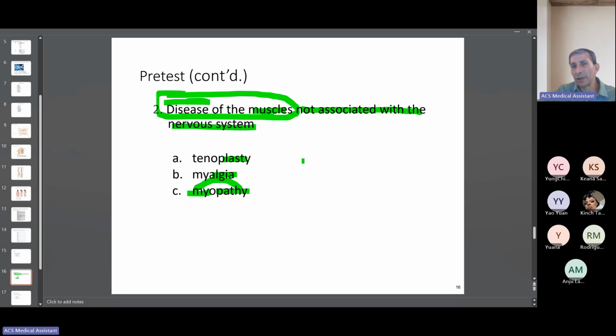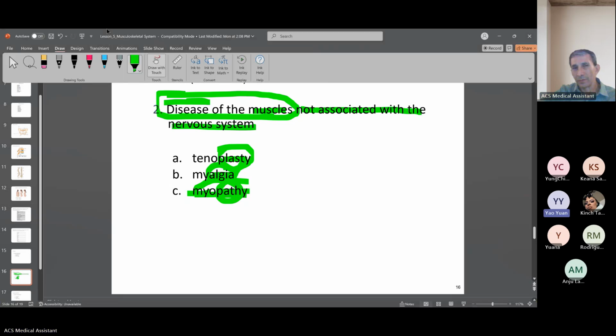That's the only thing that I care about. Disease, pathy, muscle, myo. That's it. Because none of the other ones have disease. So the only one that has disease is this one. So go by the definitions of the suffix or the word roots. The rest, do not worry about that part, okay?